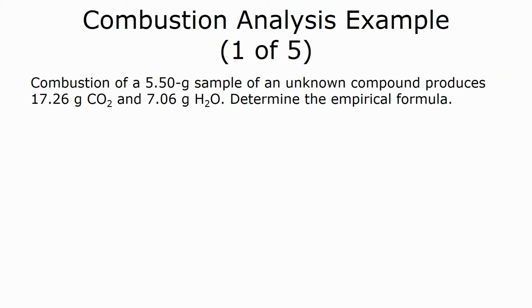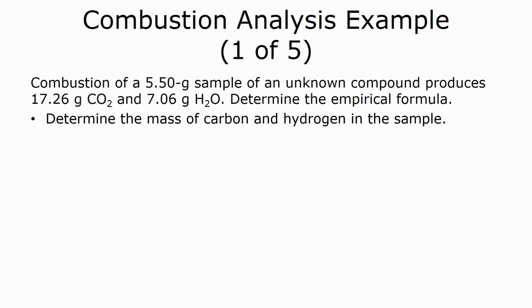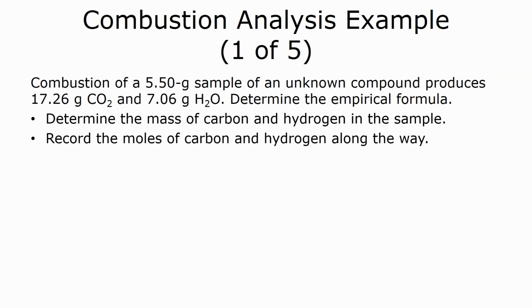Now, in this example, we don't know if we have oxygen in the sample or not. Therefore, we're going to have to find out what mass is left over, if any, once we account for the mass of the carbon and the mass of the hydrogen. So first off, we need to find out the mass of the carbon and the hydrogen in CO2 and water. And we're also going to record the moles of carbon and hydrogen along the way.